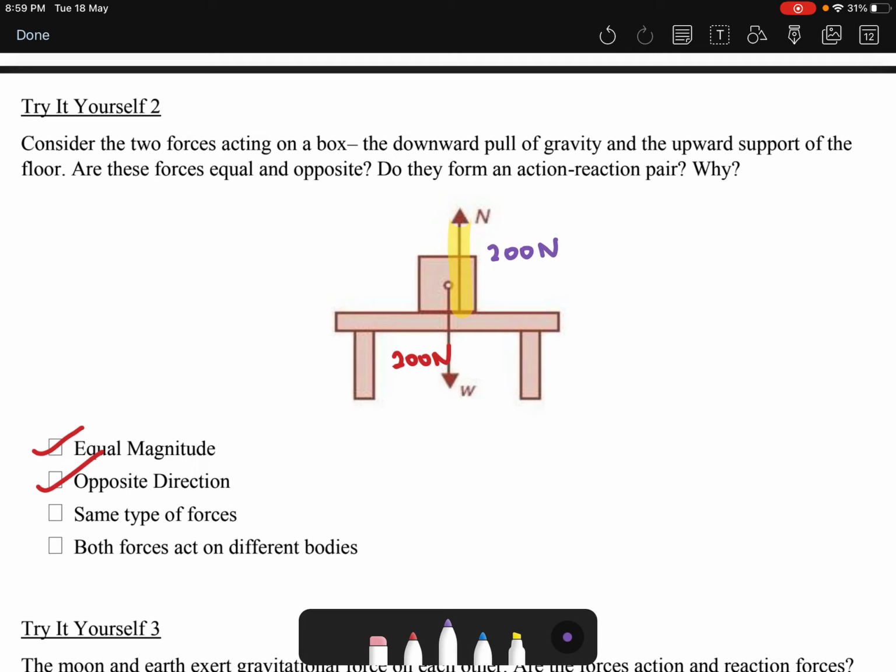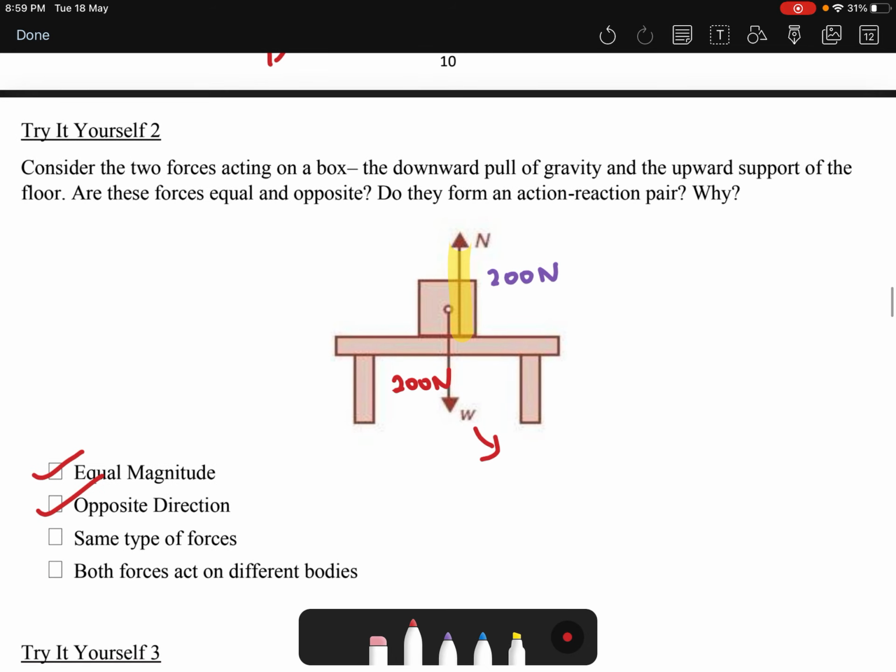What about number 3? Same type of forces. The weight itself is actually a gravitational force, G force. But the normal contact force is just a contact force, or what we call the mechanical force. So the nature of the forces is not the same. So same type of force is not fulfilled. What about the fourth criteria?